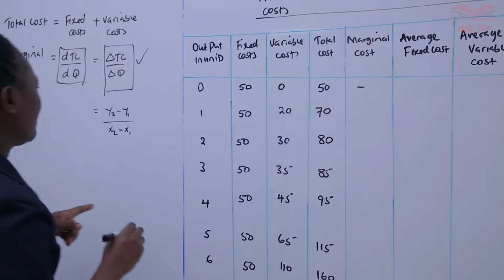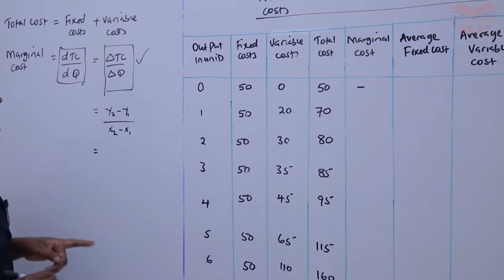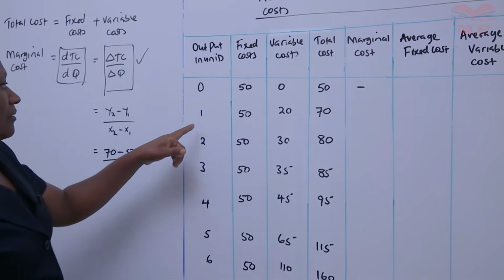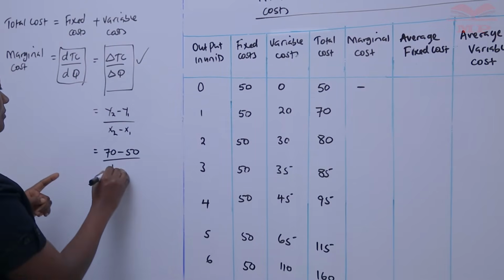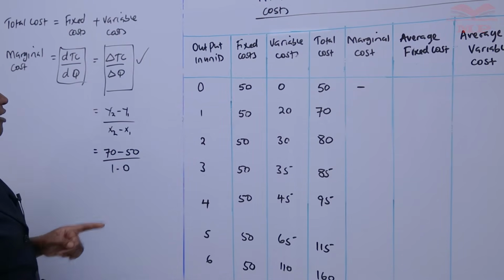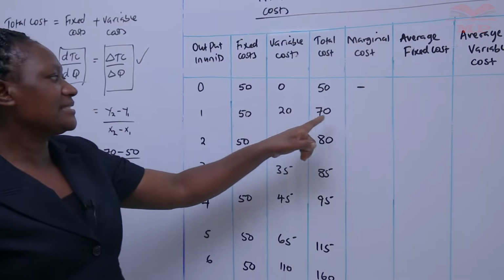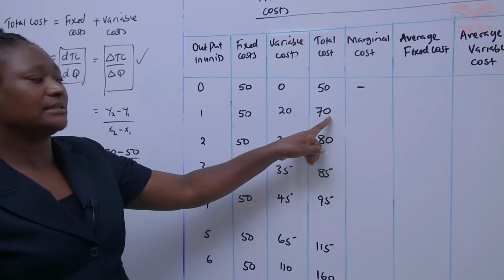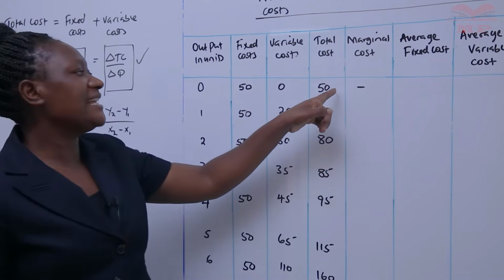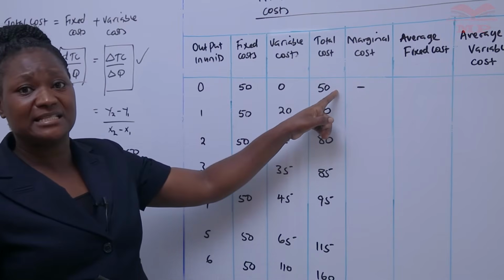So to calculate the marginal cost for the first unit, we take 70 minus 50 divided by 1 minus 0. Our Y2 is the new total cost, and our Y1 is the initial cost, which in that case is 50.